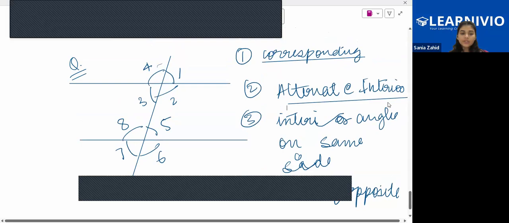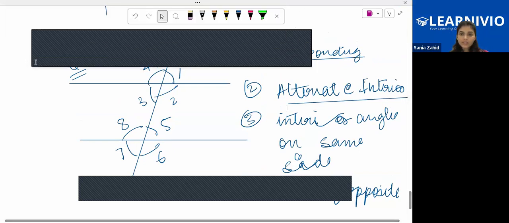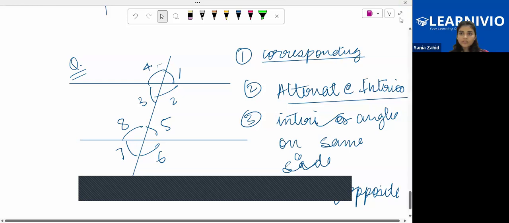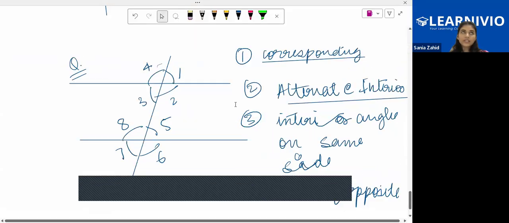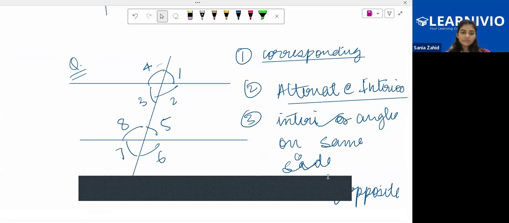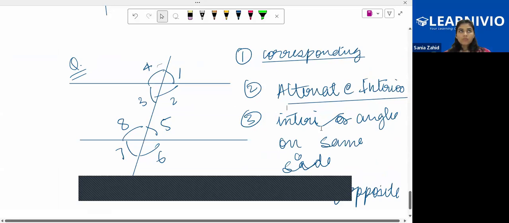Has everybody written the question, or did somebody miss out? Quickly write the question and tell me whether you have written it or not. The third one is interior angles on the same side. The fourth question is vertically opposite angles.